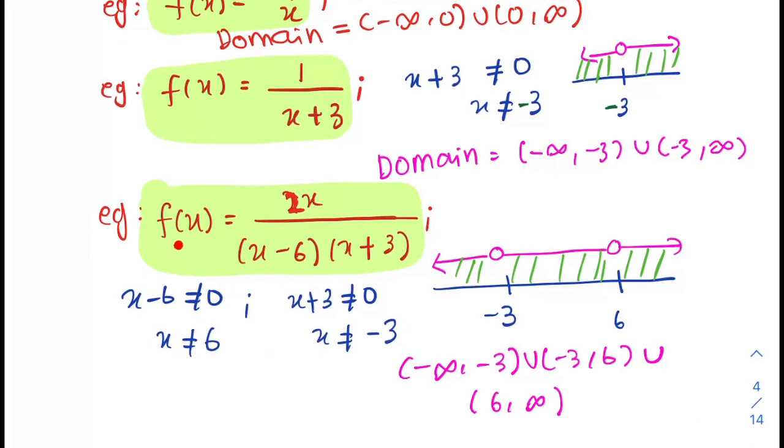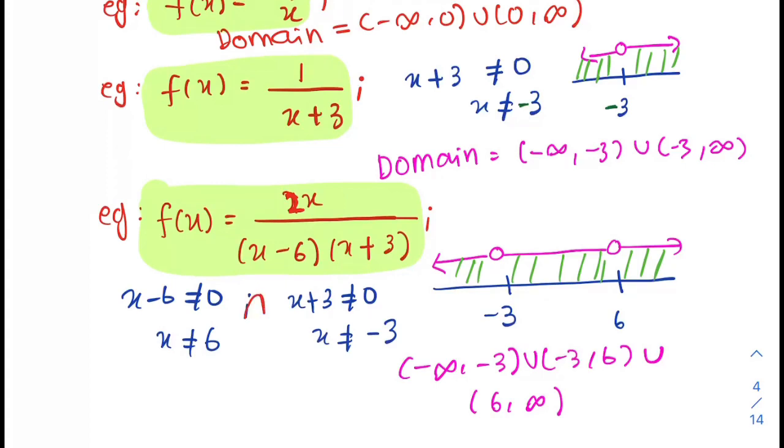Next, let's see this question here. f(x) is 2x over (x minus 6)(x plus 3). For 2x, you don't have any problem. This is just a polynomial, but you must take care of your denominator. The first denominator, x minus 6, cannot be equal to 0. So solve, x cannot be equal to 6.